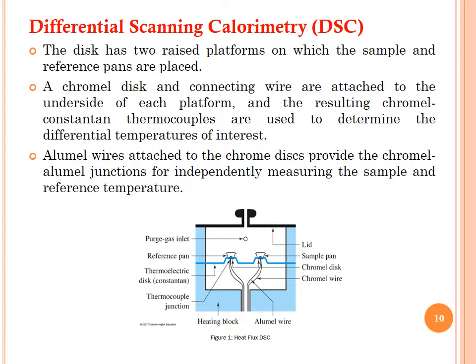The raised one is the sample pan, the other is the reference pan. A chromel disc and connecting wire are attached to the underside of each platform, and the resulting chromel-Constantan thermocouples are used to determine the differential temperature of interest. Aluminum wires attached to the chromel disc provide the chromel-alumel junction for independently measuring the sample and reference temperature.